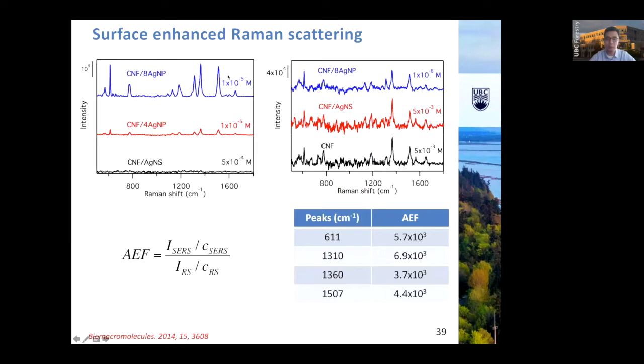But for the silver nanoprism, at half of the concentration, 10 to the negative 5, we see a very strong peak. Based on this, we can get the apparent enhancement factor, which is about 6,000 to 7,000 times enhancement. Meaning you can use this to detect trace chemicals in the water body, right?